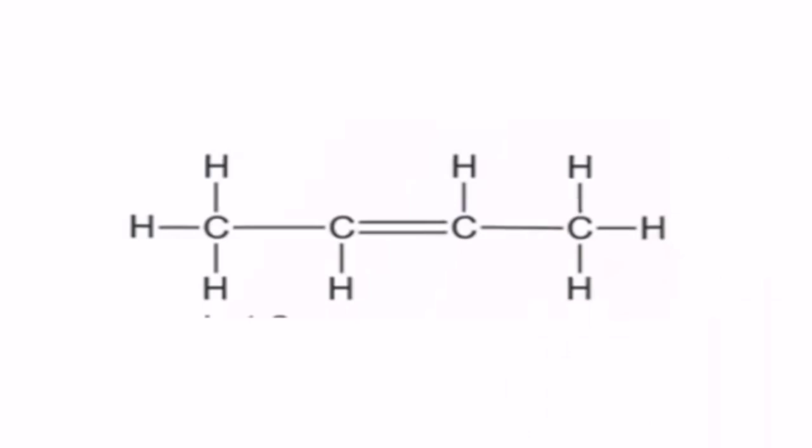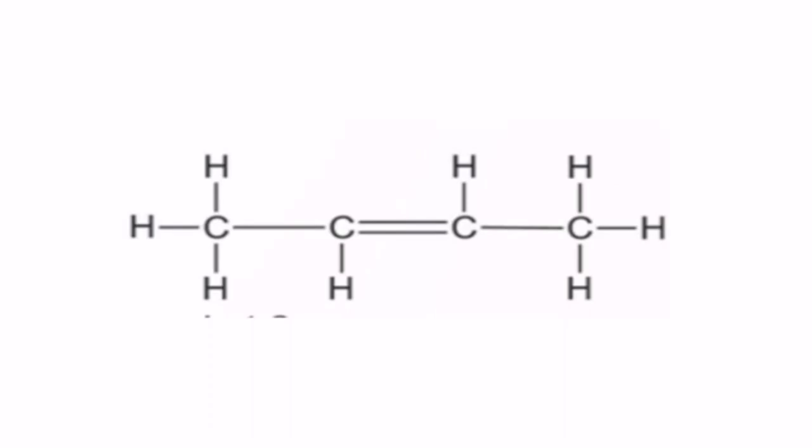Then this one is a straight chain, therefore the functional group, which is the double bond, is in carbon number 2, meaning that the prefix is going to be but. Why? Because we have 4 carbon atoms. So this one is straightforward. Let's try to give the IUPAC name. Remember, you consider the longest chain. It's a straight chain.